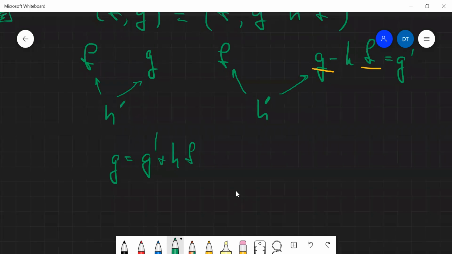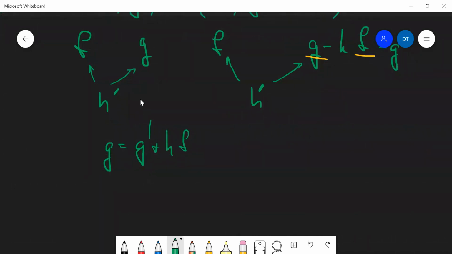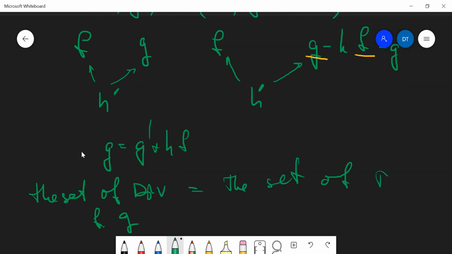So we have that the set of all common divisors, the set of divisors for f and g, is exactly the same as the set of divisors for f and g minus hf.